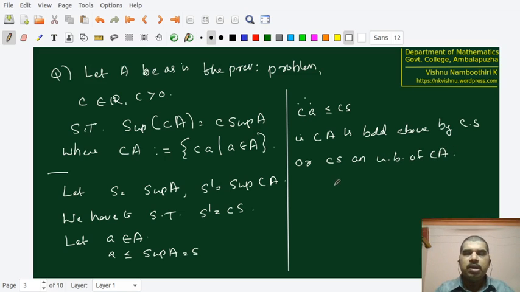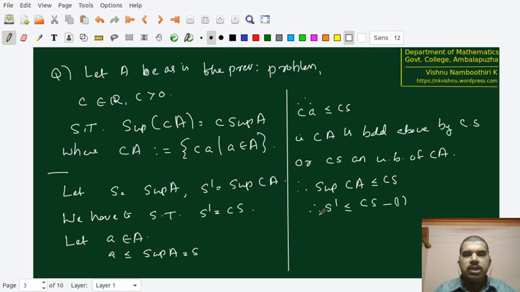But we know that all upper bounds are going to be greater than or equal to the supremum. Therefore, supremum of CA must be less than or equal to CS. But supremum of CA we call S prime. Therefore, S prime is less than or equal to CS. This is inequality 1. We established this.